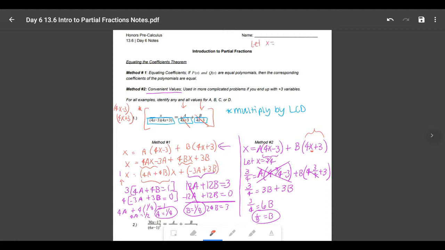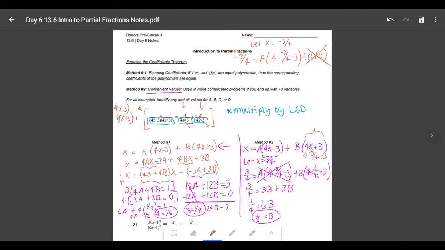Let x equal negative 3/4, and that would give me negative 3/4 equals a times 4 times negative 3/4 minus 3 plus b times, if I put 4 times negative 3/4 plus 3, that gives me 0. So that would be b times 0, which is just 0.